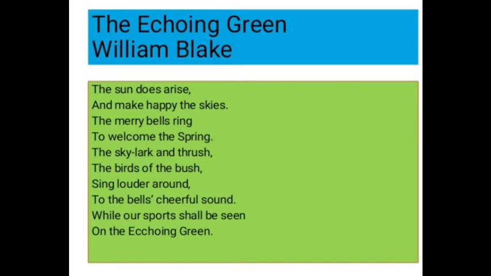The bells are ringing to welcome the spring. The skylark and thrush are two kinds of small birds. So they are singing louder to the bell's cheerful sound. While our sport shall be seen, the small children are playing in the park, so their sports have begun on the echoing green.